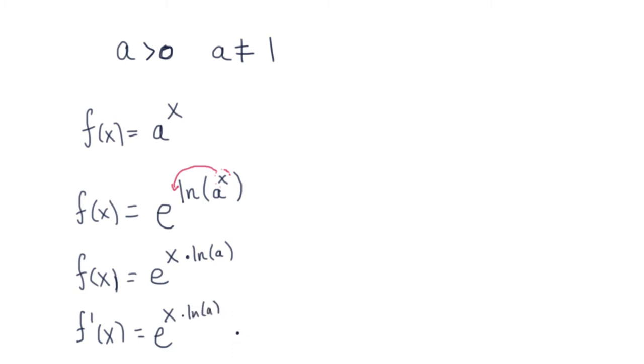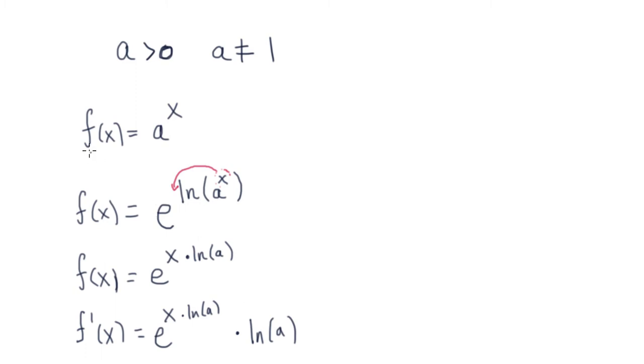And then the price is I have to multiply by the derivative of what was in the argument. So the derivative of x times natural log of a, remember that natural log of a is just a constant. It could just be 1 or 2 or 0.5 or whatever. This is just a linear function, so its derivative is just natural log of a.